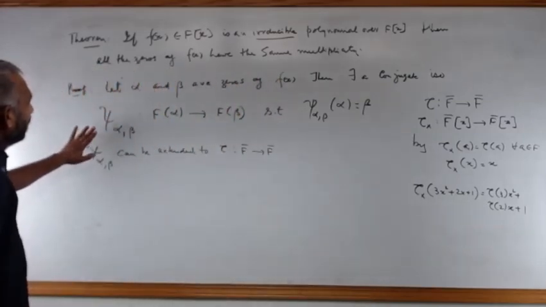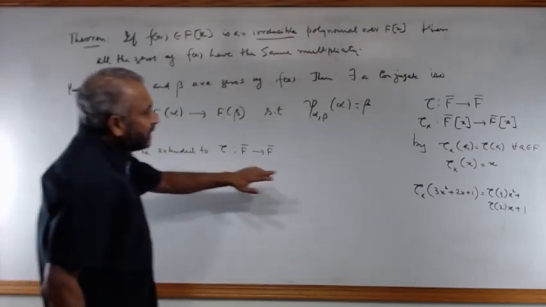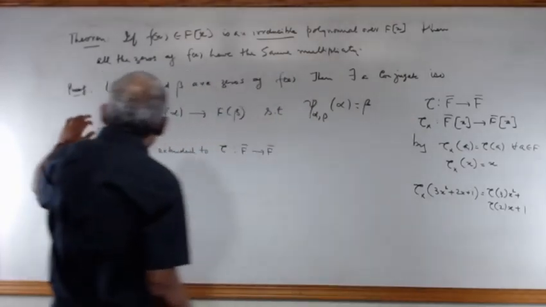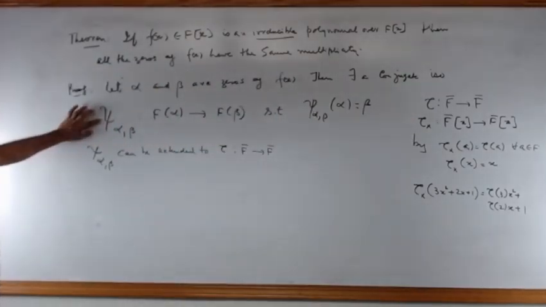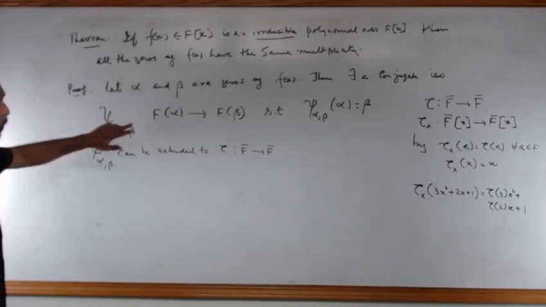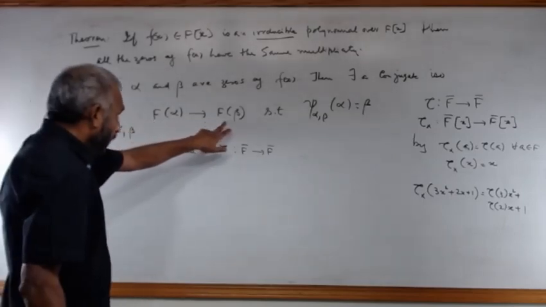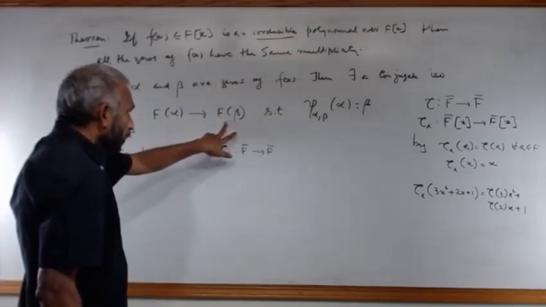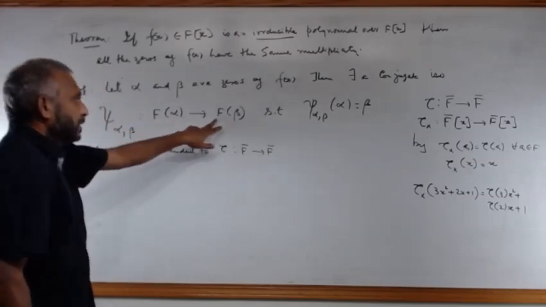But the tau is an extension of psi alpha beta. And what does psi alpha beta do? Psi alpha beta is an isomorphism from F(alpha) to F(beta), leaving F fixed.